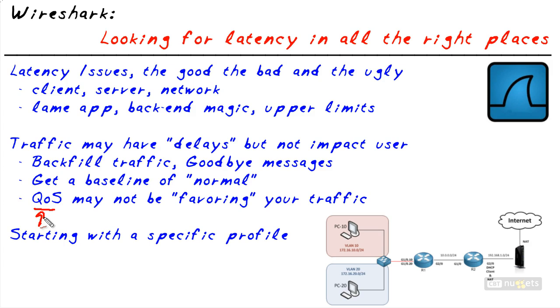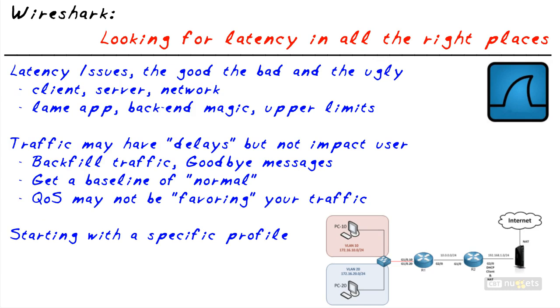Email, on the other hand, we can kill a few packets. It'll retransmit and recover. It's not life-threatening. The application of email is not going to fail if in the background a few segments of data have to be retransmitted. So in an environment that has QoS, it very likely will favor voice traffic and allow other traffic that can survive a few lost segments to automatically recover on its own. If that's happening, we definitely want to be aware of that in our networks as well.